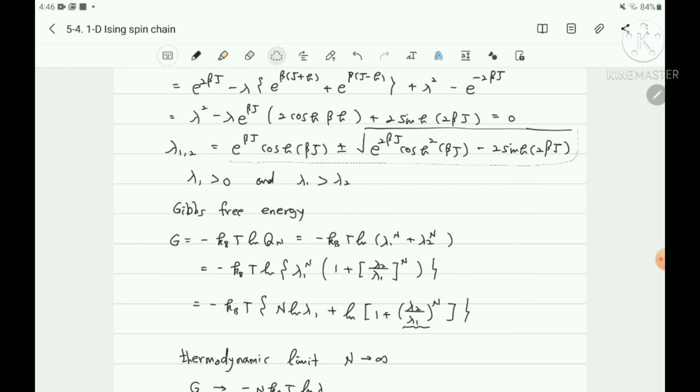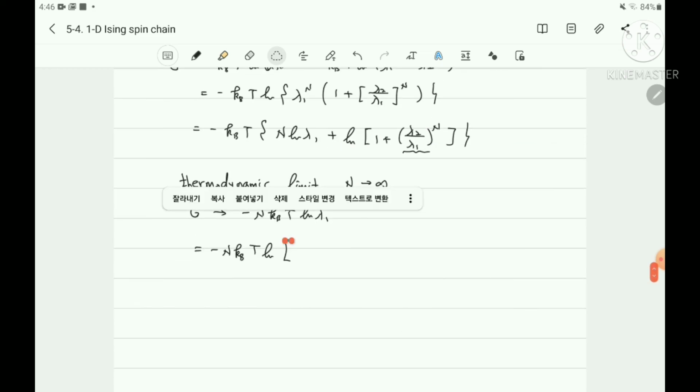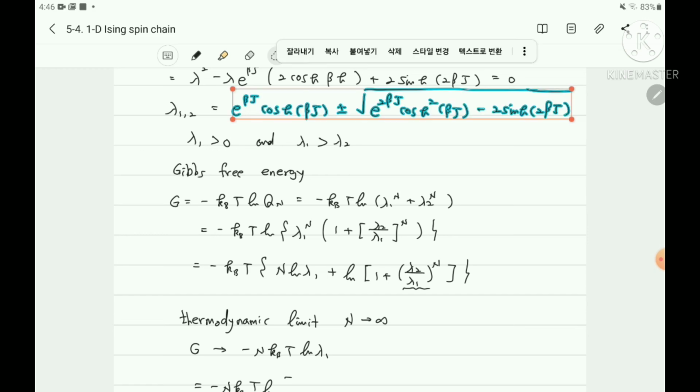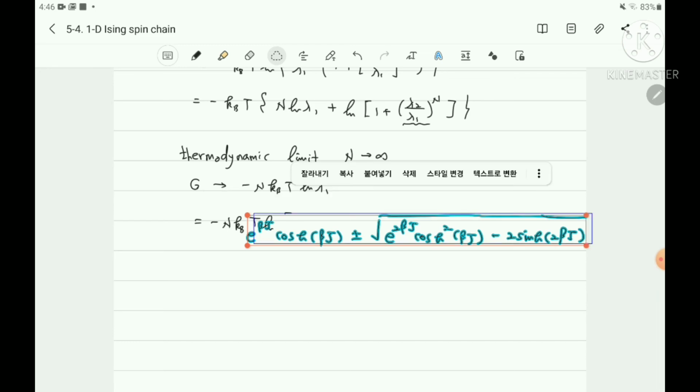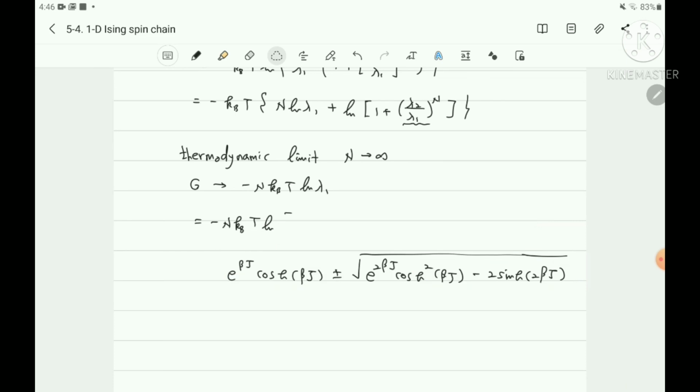Let's copy and write down here: minus n kBT ln lambda 1.